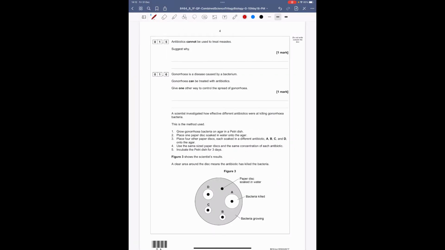Question 1.5. Antibiotics cannot be used to treat measles. Suggest why. So, I would think about everything I know about antibiotics. Well, antibiotics, I know, kill bacteria. We're being asked about measles.